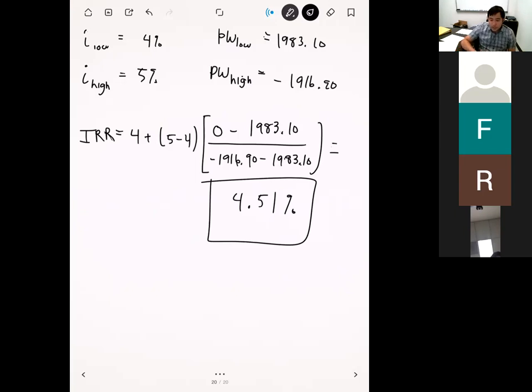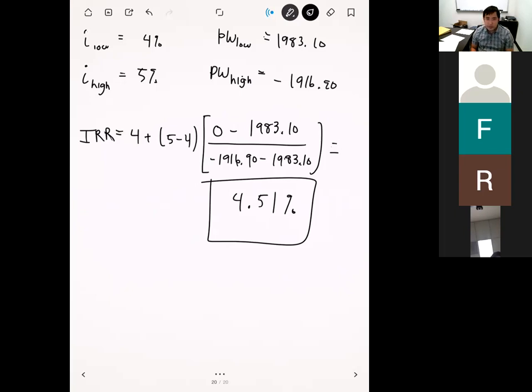That makes sense because if you look at the values for PW low and PW high, they're approximately the same distance from the zero point. One's about $2,000 over, and the other one's about $1,900 below. So it makes sense that our interest rate here is right smack dab in the middle, with a slight lean towards the higher one, which is 5%.